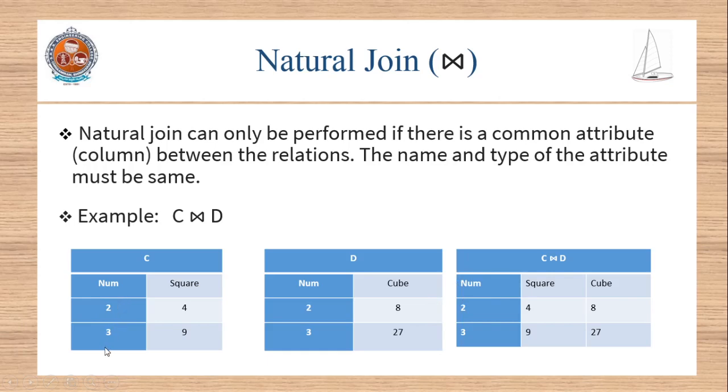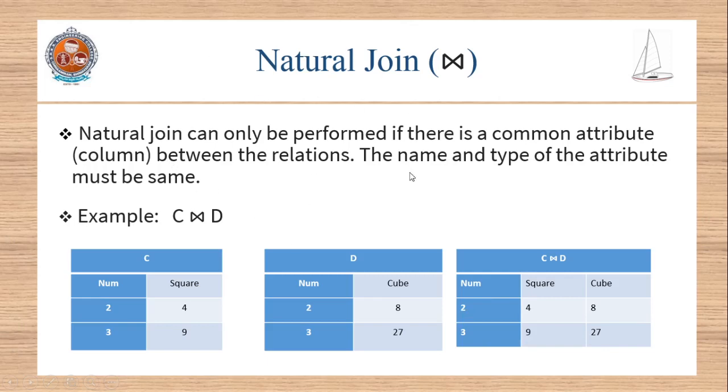The values are 2 and 3 here, so those are mentioned here. The second column is the second column from relation C, square, having the values 4 and 9 for the corresponding num 2 and 3 respectively. And then the third column is the second column from relation D, which is the cube: the cube of number 2 is 8 and the cube of number 3 is 27. This is how we are going to perform the natural join.